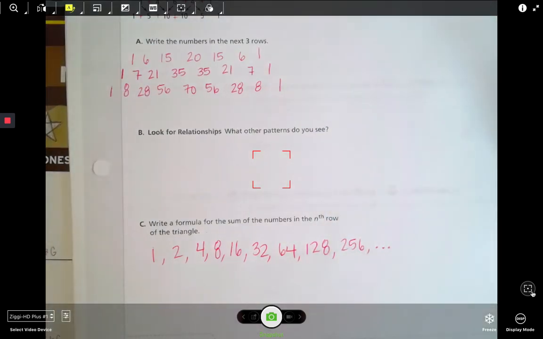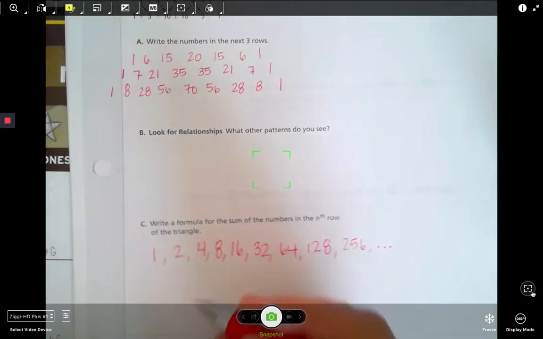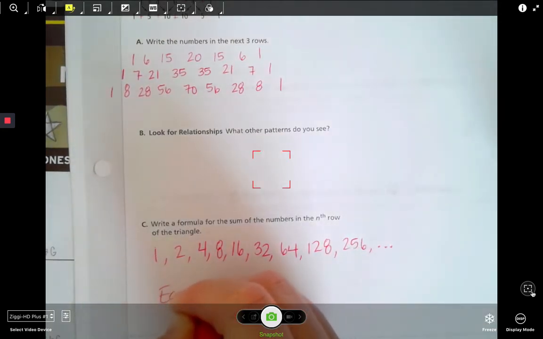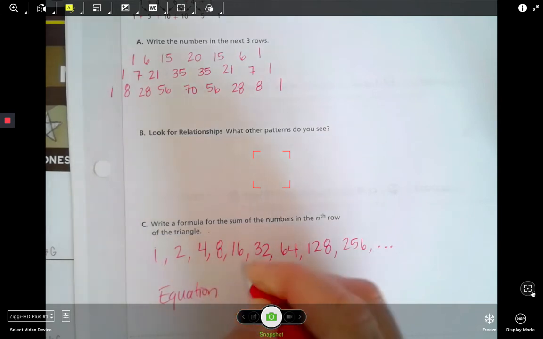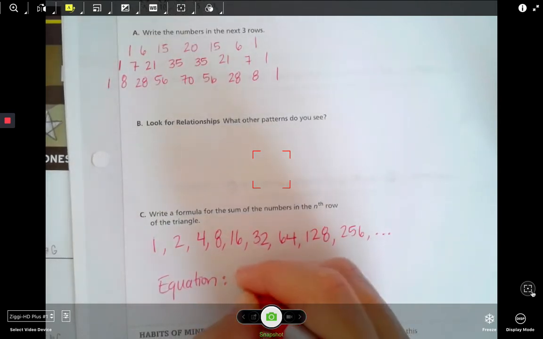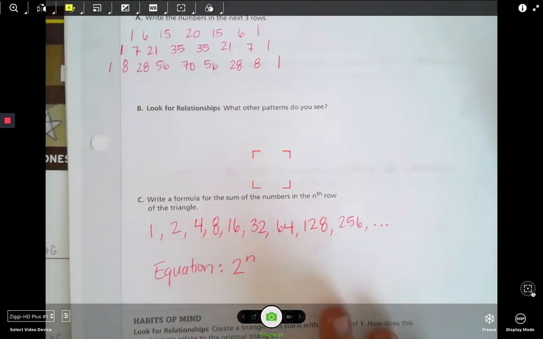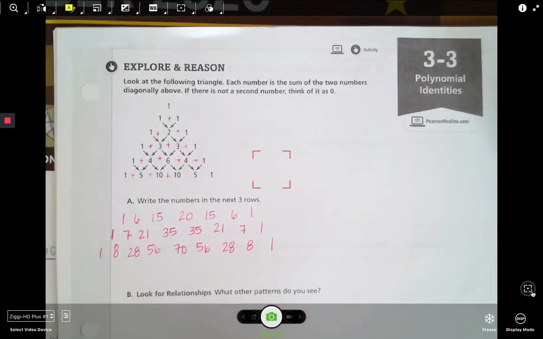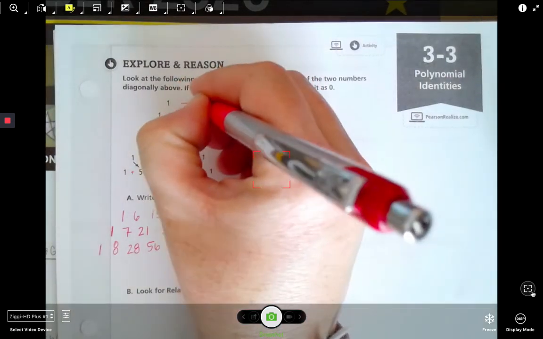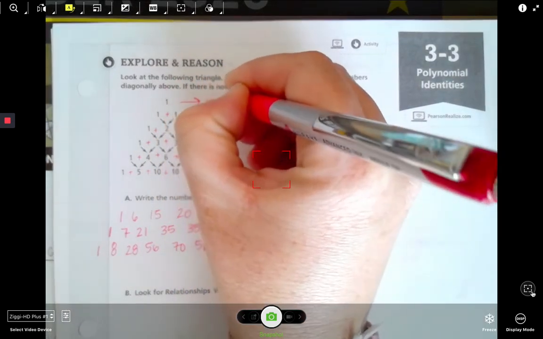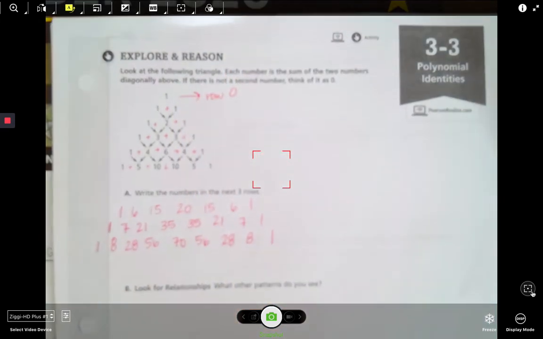They wanted us to come up with some sort of equation for this. So the equation I came up with was 2 to the n power. If we say that our equation is 2 to the n power, this has to be row 0 because anything to the 0 power is 1.